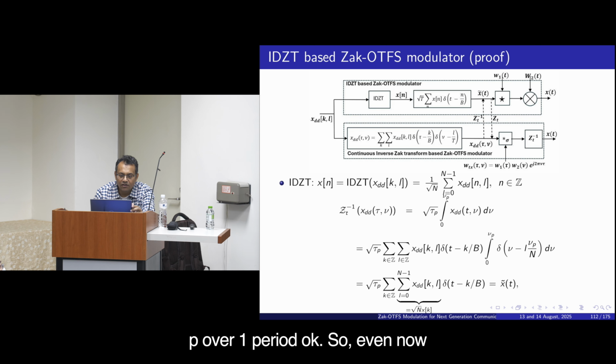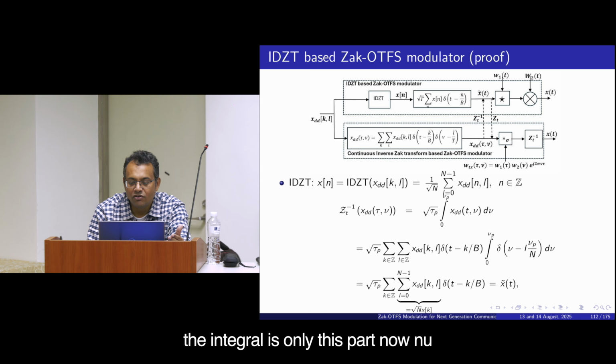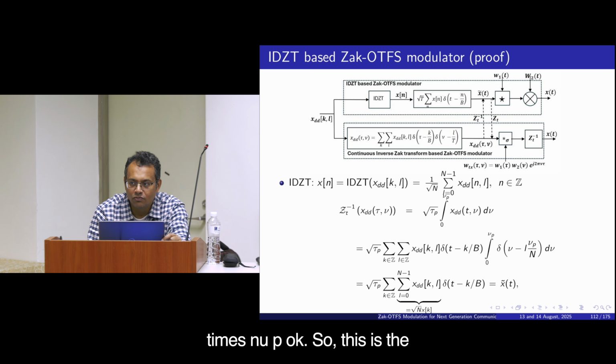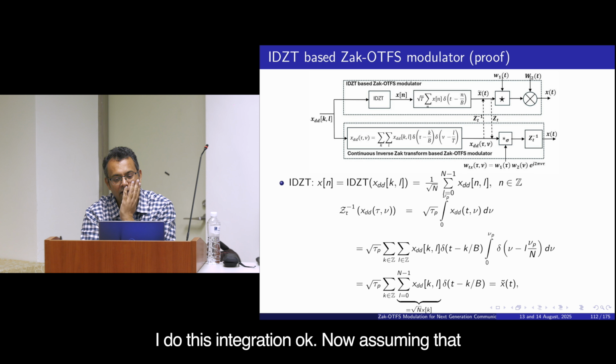Even now the first term is also not depending on nu, it is only depending on t. So, that also comes out. What remains in the integral is only this part. Now, nu p over capital N is the same as 1 over T, because capital N is T times nu p. Okay. So, this is the same as L over capital T, and now I do this integration. Okay.